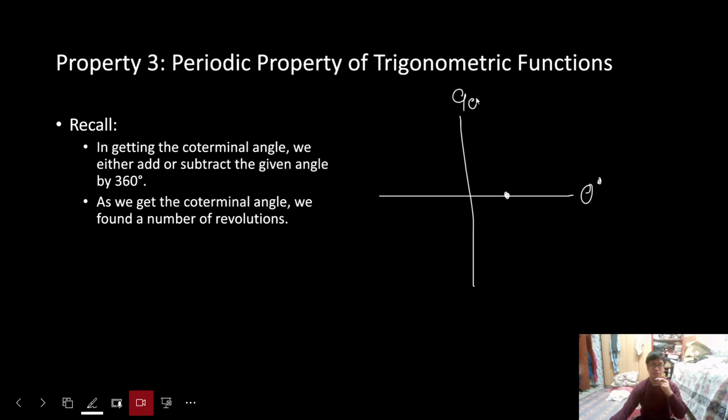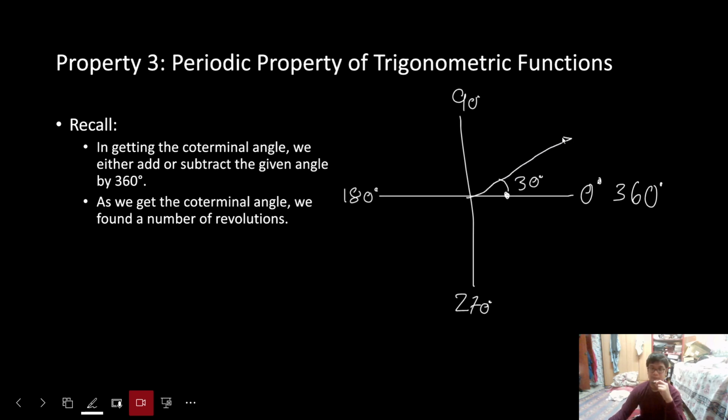Then if we rotate counterclockwise, once you reach here, we will have 90 degrees. Going further here, we will have 180 degrees. Going down to 270 degrees and reaching one whole revolution will give you 360 degrees.